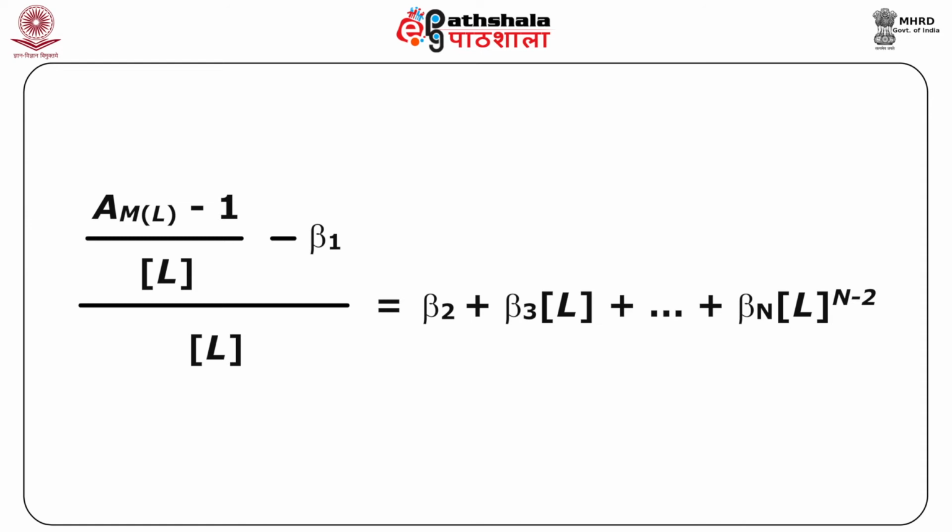After determining the beta 1, a plot of the left side of equation 7 against the free ligand concentration gives us the beta 2 value as the intercept of the curve. All beta values can thus be determined in this manner. The graphical representation is commonly called a Schubert's plot.